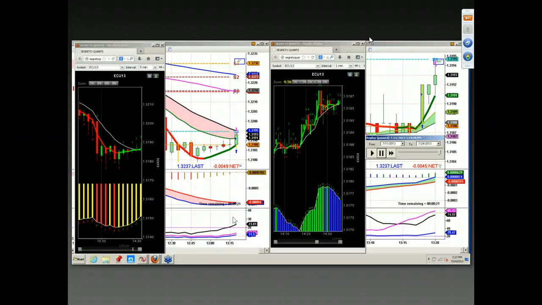And again, on the Segredo charts, what we wanted to see on the 1-minute chart before we pull the trigger on the 5-minute chart is we want to see green oscillators with green numbers. We want to see a green HMA with a green candle. And another big point on the 1-minute chart, if you'll notice, the HMA and the fast-moving average, they're trending upwards together.